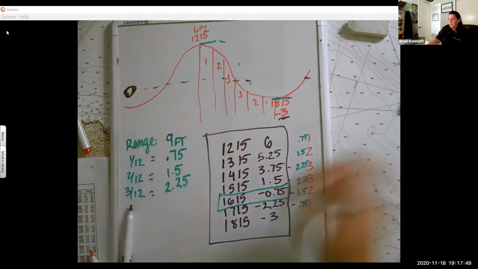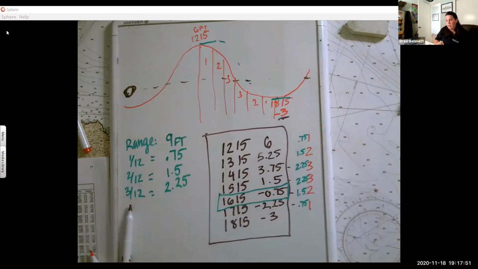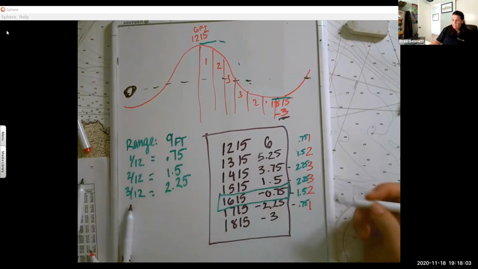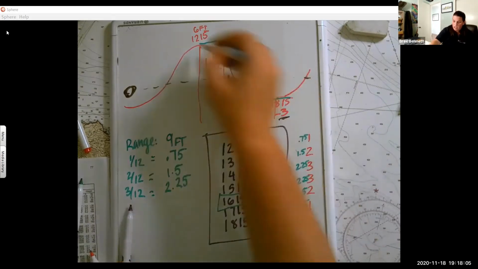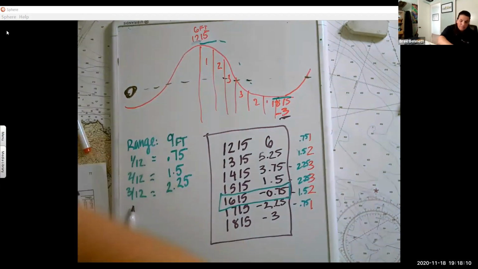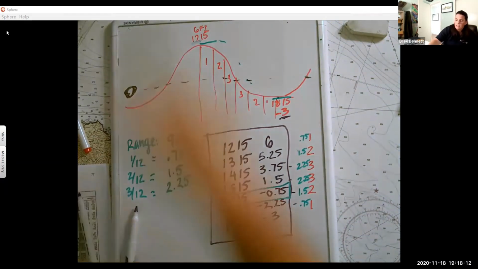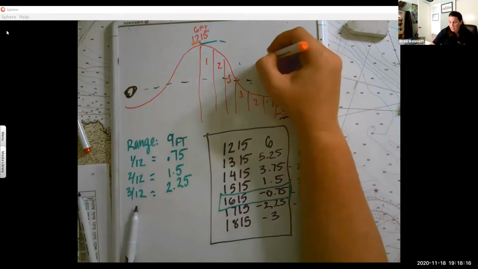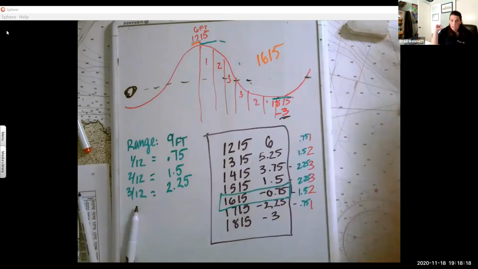Now, did anybody do it without doing all of this fancy work? Okay. So without doing the fancy work, if it's 12:15, and I am looking for 16:15, that's what the question was.